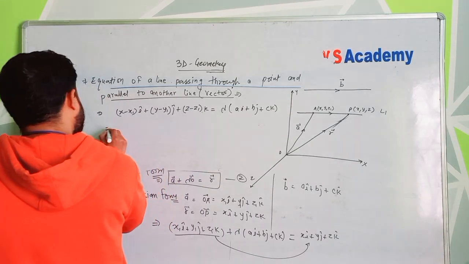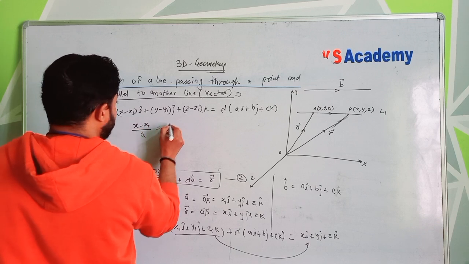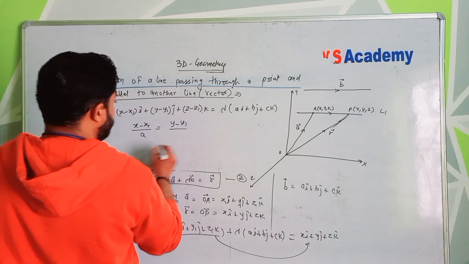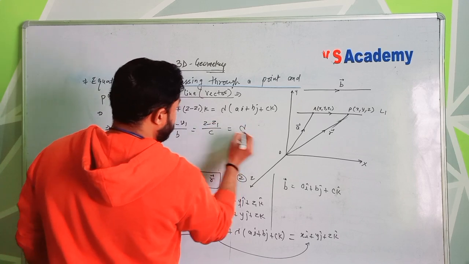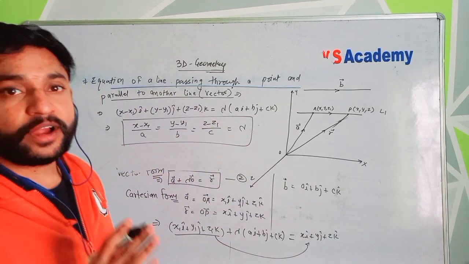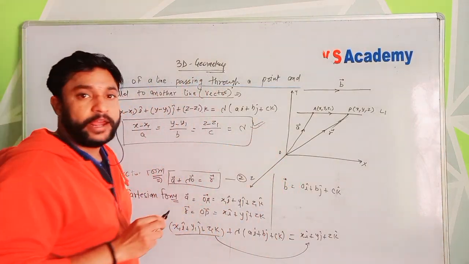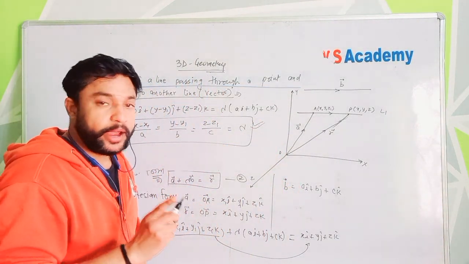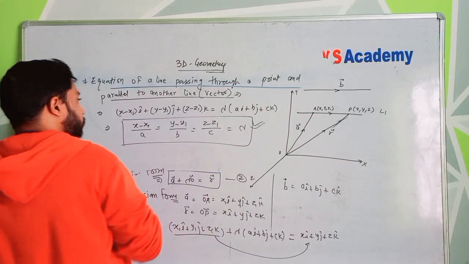Then it will be (x minus x1) upon a is equal to (y minus y1) upon b is equal to (z minus z1) upon c is equal to lambda. This is the Cartesian form of the equation of a line which passes through one point and is parallel to another vector or line. So that is our Cartesian form.